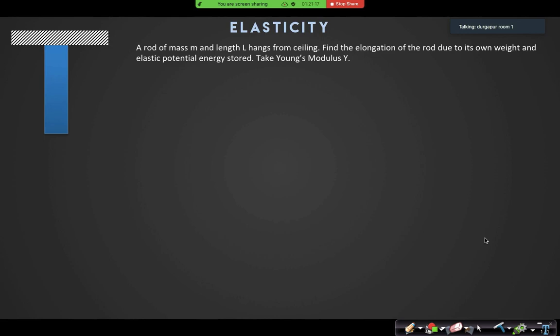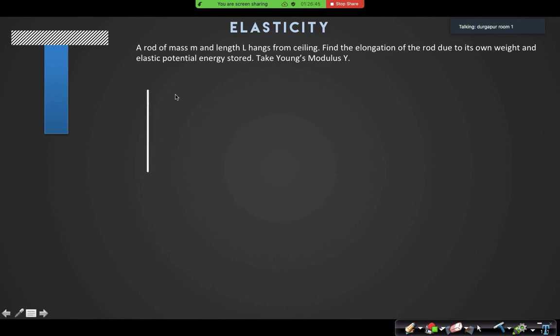One question is this one, a very important question. A rod of mass m and length L hangs from the ceiling. Find the elongation of the rod due to its own weight and the elastic potential energy stored. Young's modulus is given.